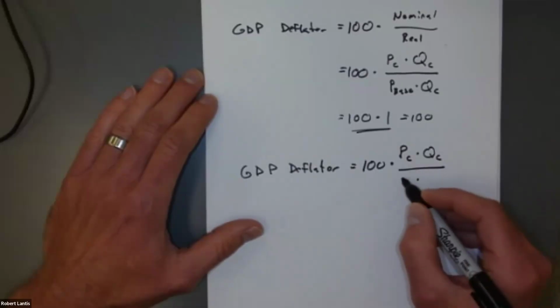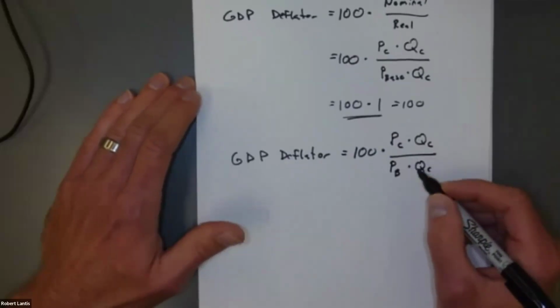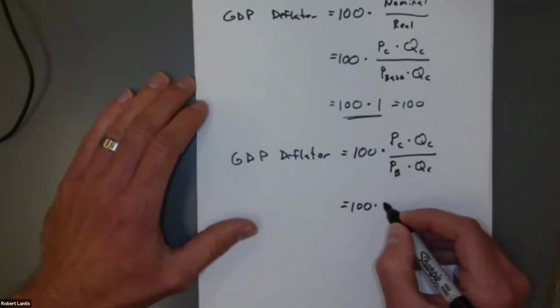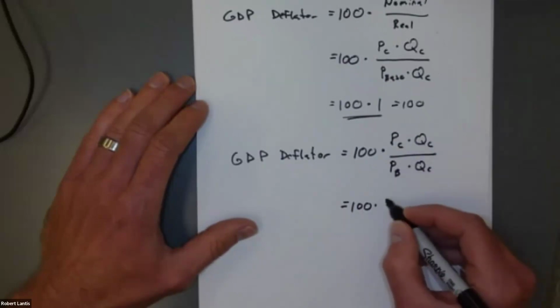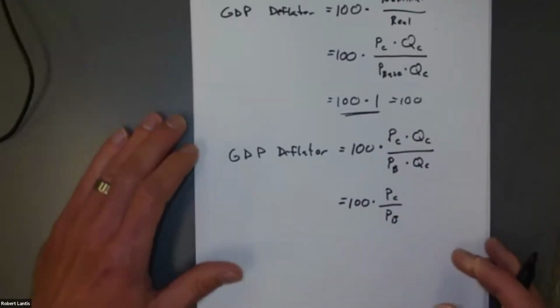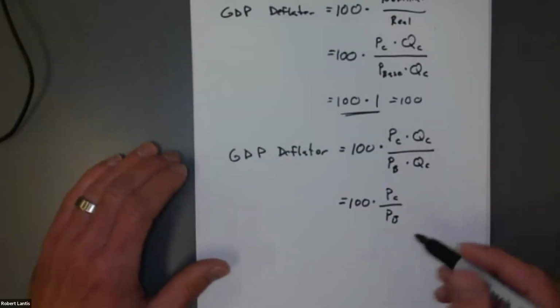And then to calculate my real GDP, I'm using the base year's prices and the current quantities. If I rearrange this a little bit, this cancels out. So really my GDP deflator is my relative prices in those 2 time periods.